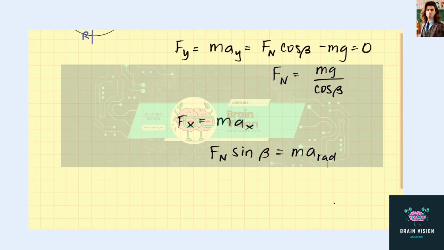So combining this, since we have Fn and Fn, sine of beta over cosine of beta is equal to the radial acceleration over g.